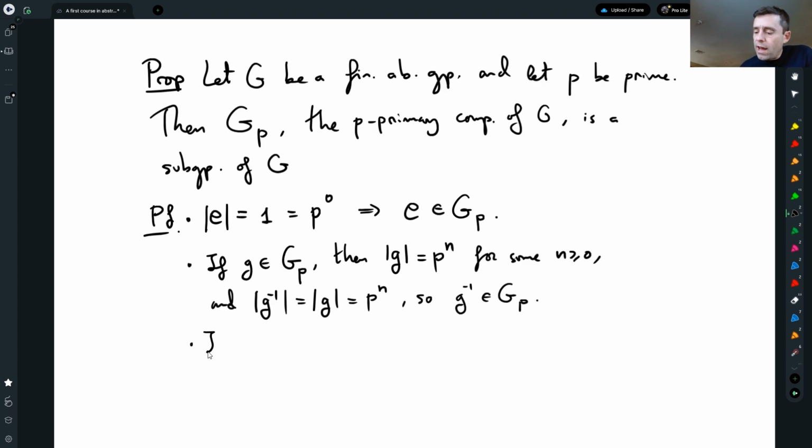So what about now if I have g and h in the P primary component? I want to know what is the order of g times h. Suppose that g is of order P to the n, and h is of order P to the m.